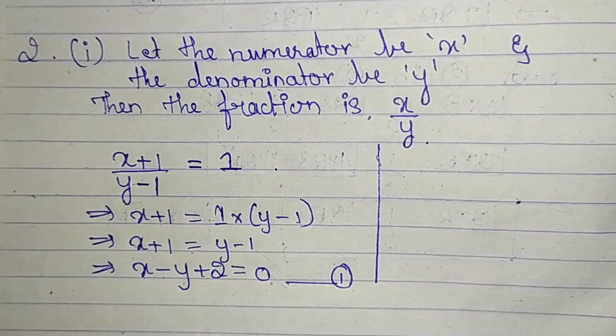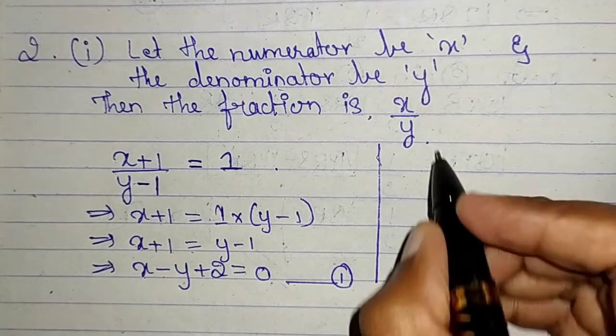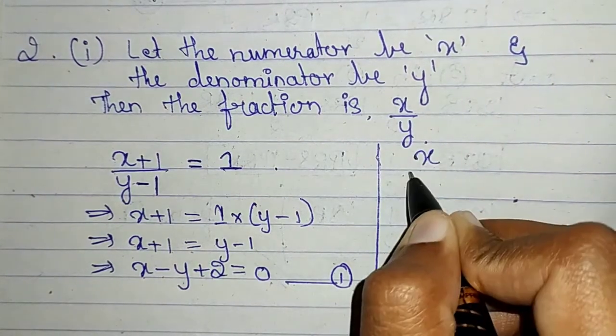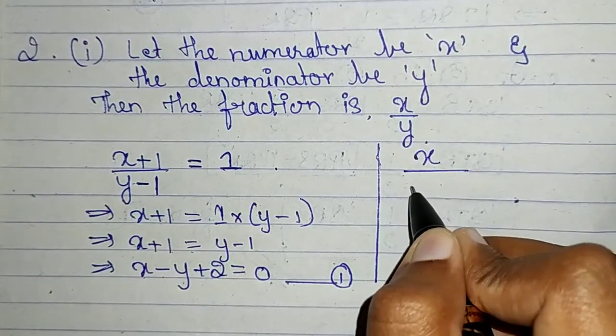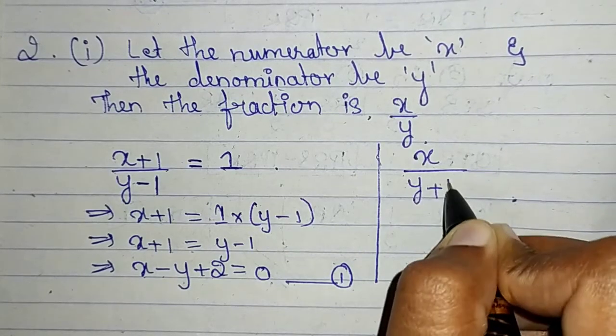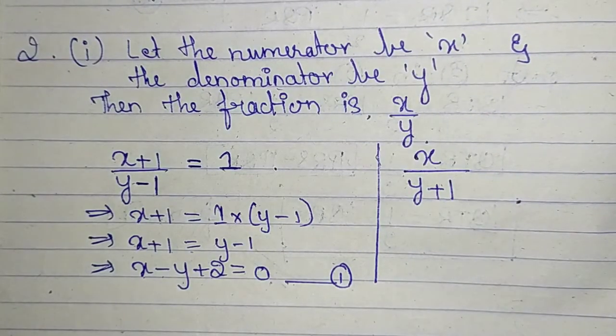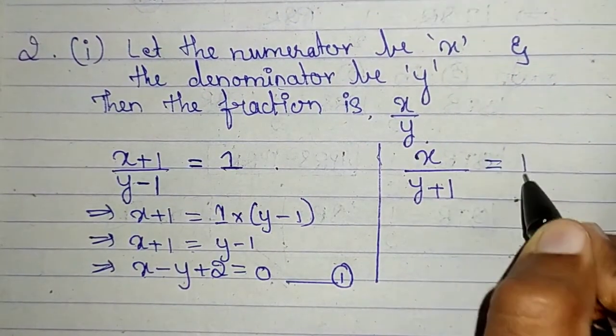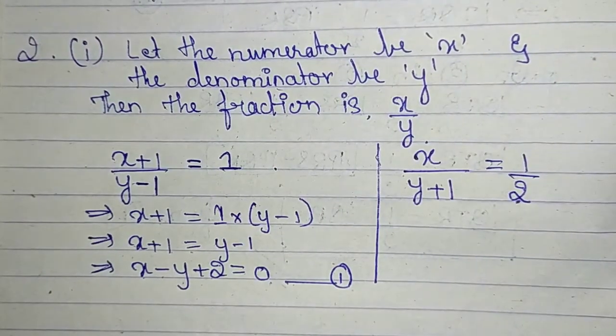And the second part of the question says, the fraction becomes half if we add 1 to the denominator, only adding 1 to the denominator. So x, no change in x, we are adding 1 to the denominator, that is y plus 1. Then our fraction becomes half.